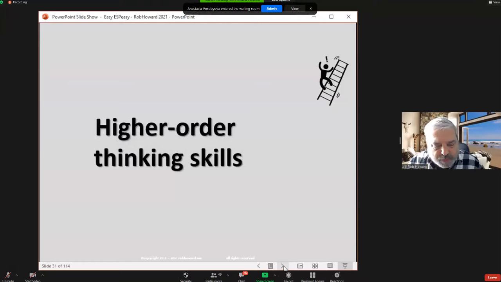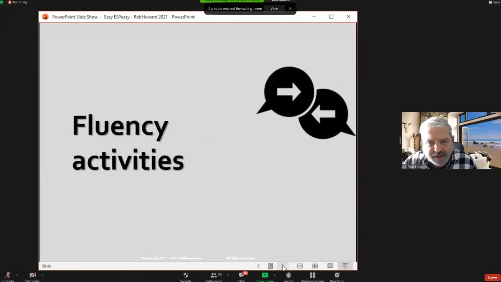Now, we're dealing with definitely the higher order thinking skills of our students, and we need to bring this into the classroom. They're used to the lower skills, and I like to really work on, we're going to talk about this word, fluency activities.